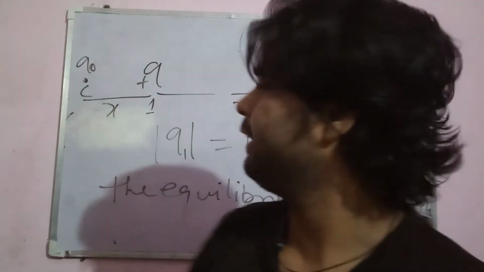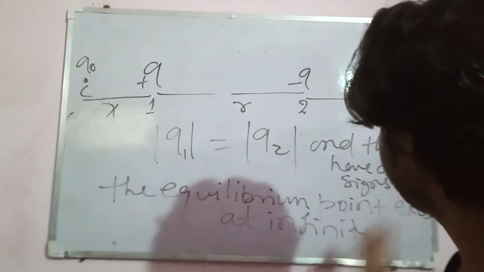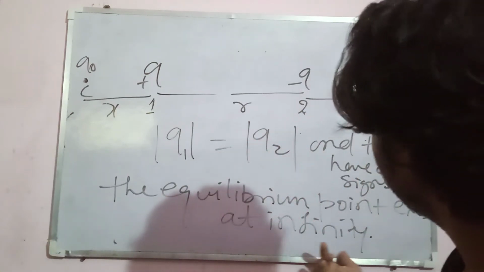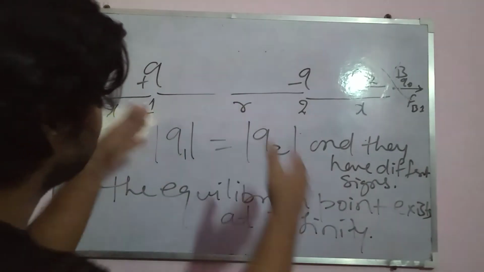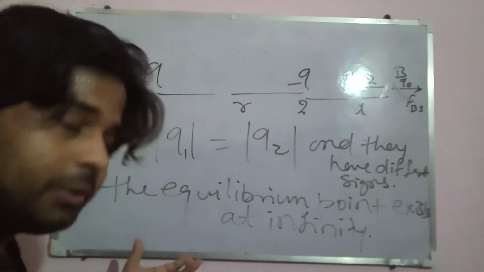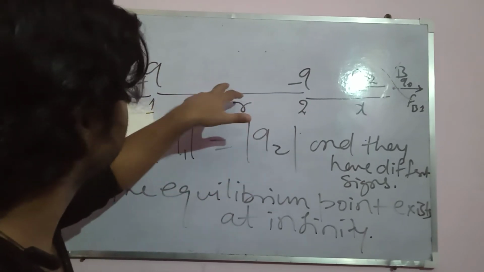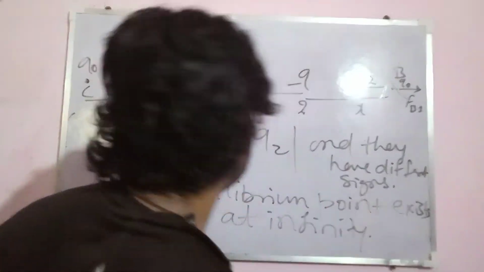We don't get any equilibrium point anywhere in this setup of charges. So we convince ourselves that we get an equilibrium point at infinity. But if the charges are the same in magnitude and also in nature, then we must have an equilibrium point in between them. That I had already discussed.